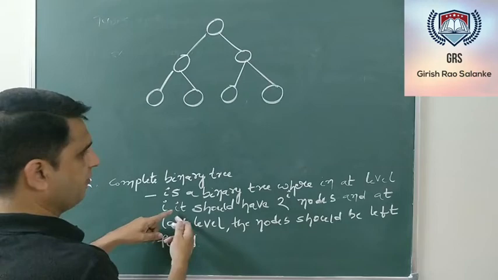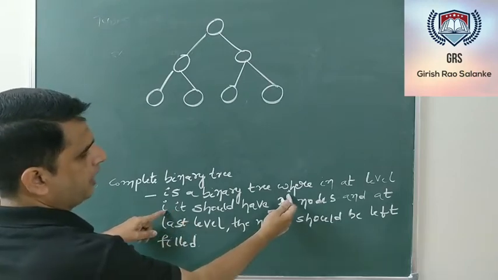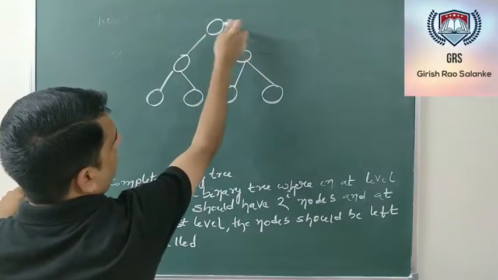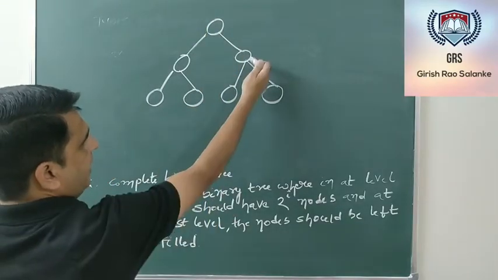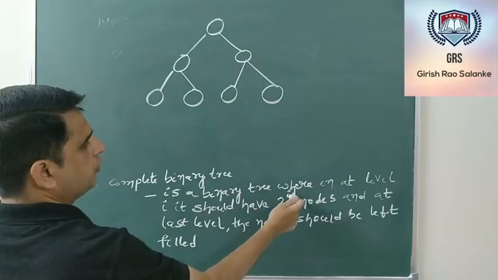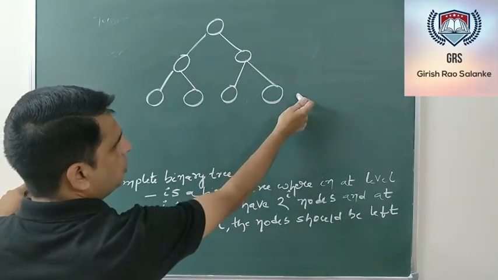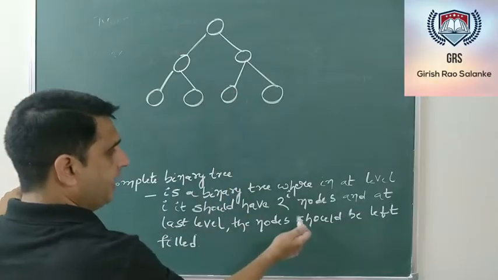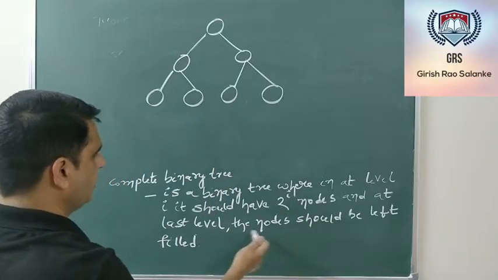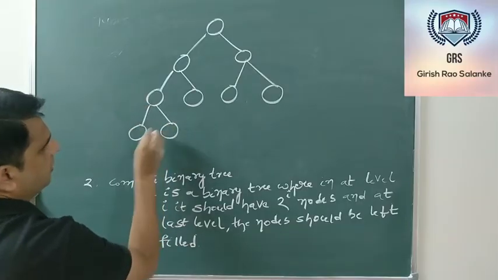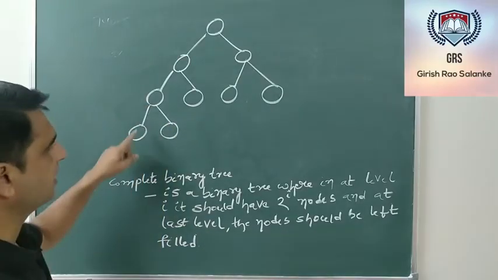It says that at level i we should have 2 power i nodes. 2 power 0 is 1. So at this particular level there is one node. At the next level, level 1, it is 2 power 1, so it is 2 nodes. The next level is level 2. It is 2 squared, so I have 4 nodes. And at the last level, the nodes should be left filled. So something like this. So this is a complete binary tree.